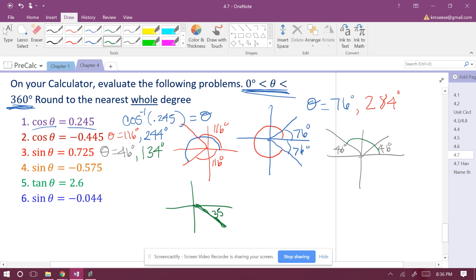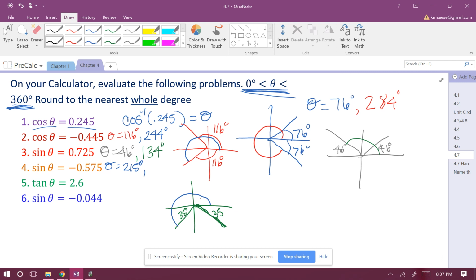or where else would sine be negative? In quadrant 3, so I could have a 35 here. But remember, your answer, your theta, needs to be between 0 and 360 degrees. So you're actually measuring from here to here, 180 plus 35 degrees, which is where you're getting 215 degrees.